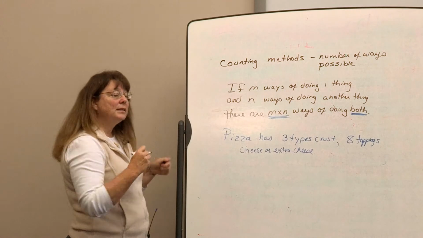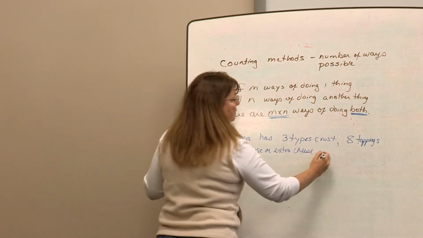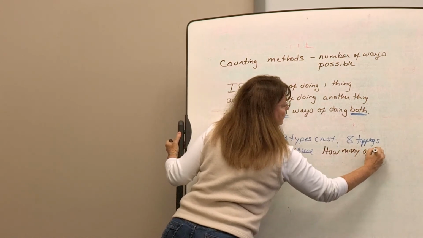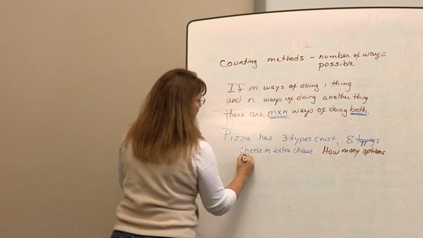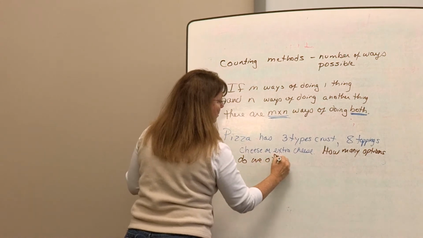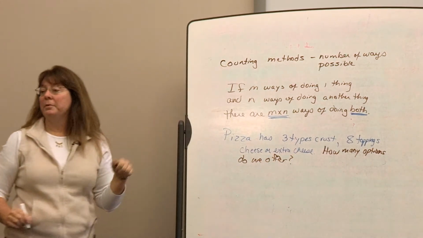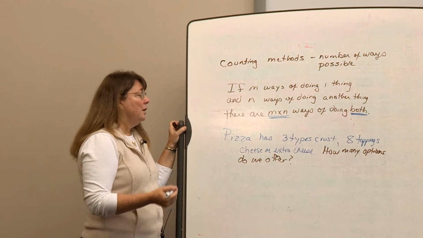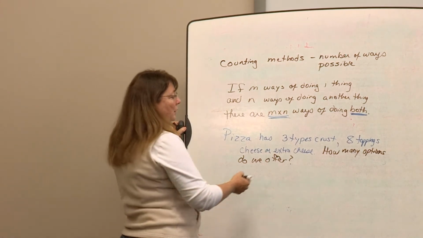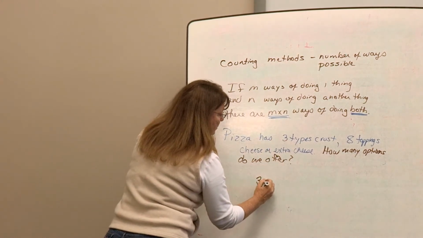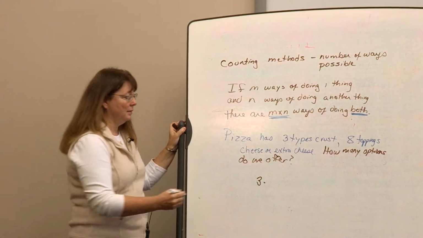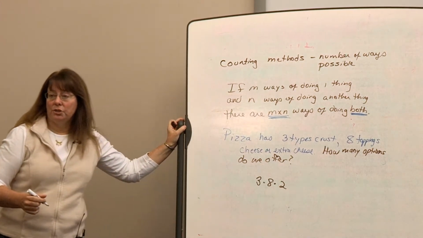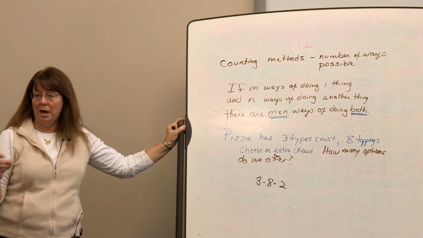For this one, for my pizza, they're going to want to know how many different options do they have. Because on their commercial, that's what they want to tell everybody, because it sounds like a really big number. So for their pizzas, I have 3 kinds of crust to choose from, so I might pick any one of those 3 crusts. I have 8 different kinds of toppings, and then they give me the cheese or the extra cheese. So I still have 2 additional options based off the cheese.